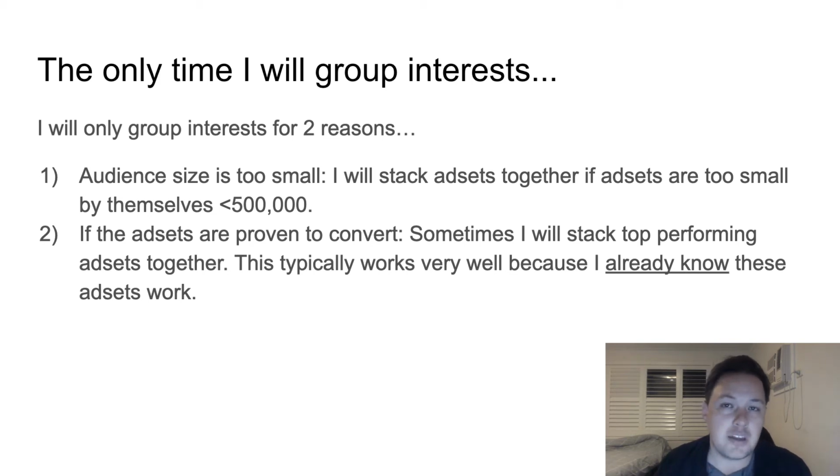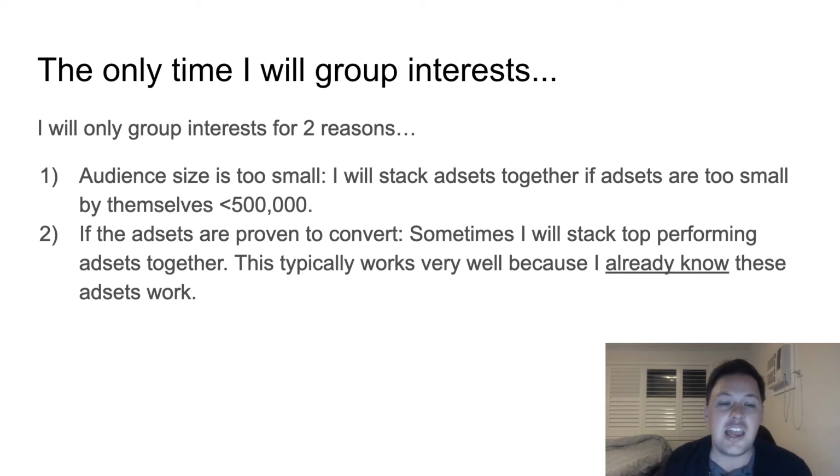So you really want big audiences, in my opinion. If an interest is too small, then I will stack some smaller interests, maybe with 100, 200,000 audience sizes, together to boost it up to around that 800,000 to million or more mark.